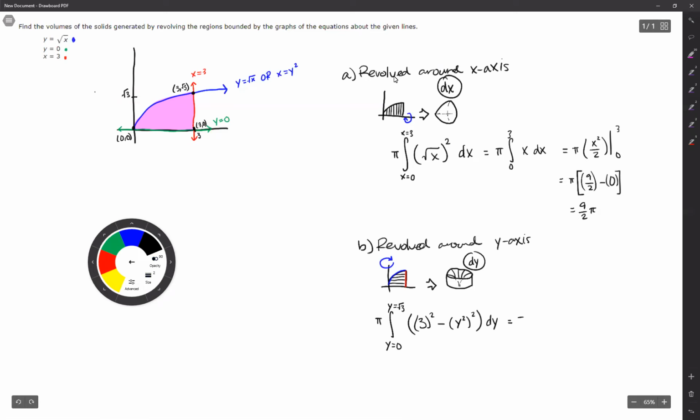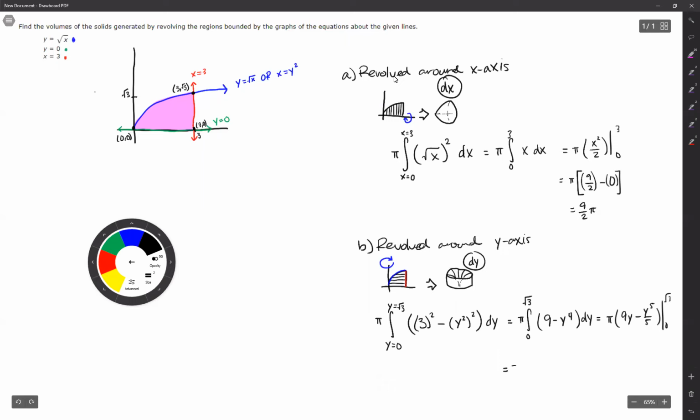Okay, so resolving that a little bit, the integral from y equals 0 to square root of 3 of 9 minus y to the 4th dy. Okay, then that will just be pi times, if we integrate that, we're going to get 9y, remember we're integrating dy, minus y to the 5th over 5. Okay, evaluated at 0 and at square root of 3.